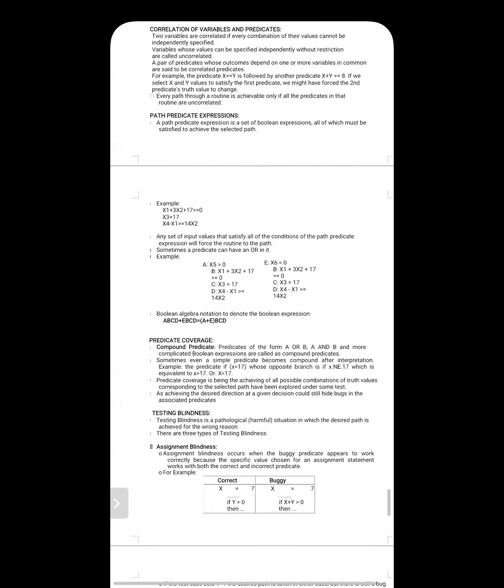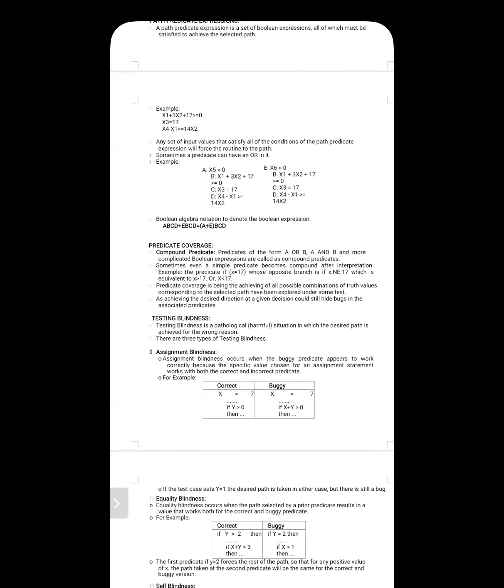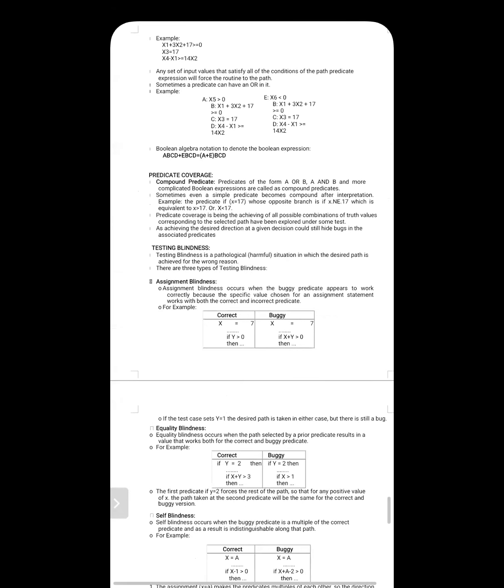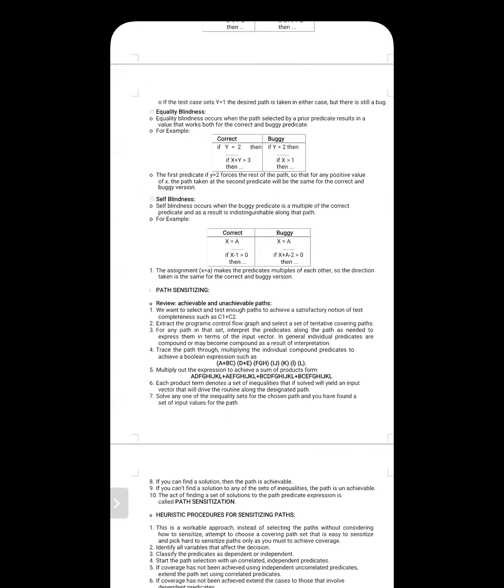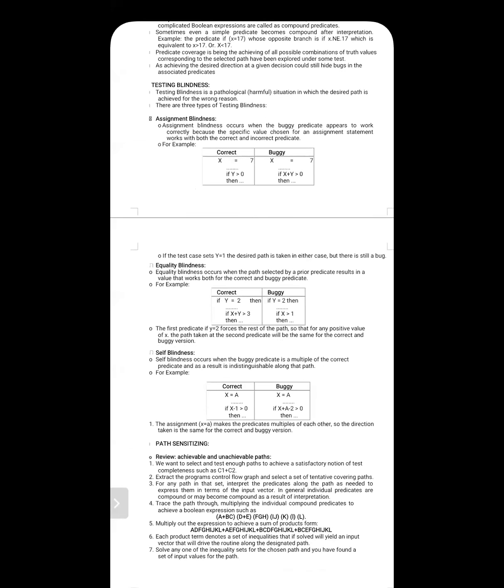Path prediction expressions, prediction coverage, testing blindness, assignment blindness, equality blindness, self blindness. These are the terms that come under predicates, path predicates, and achievable paths.